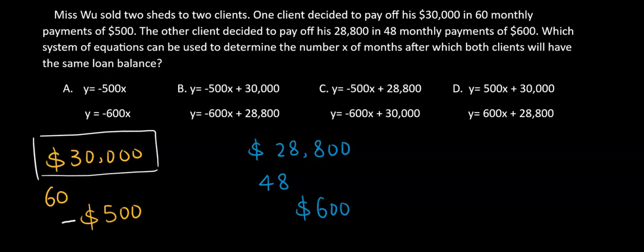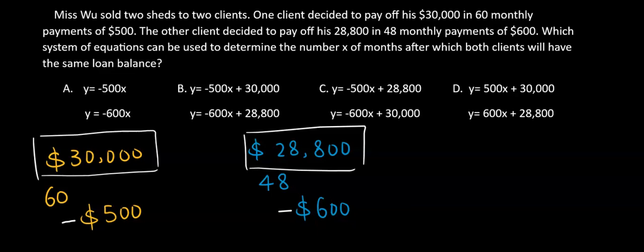I just keep taking away 500 until my dad says, okay, 0, you paid off, you're good. So each time I pay $600, I'm going to take away from this debt.